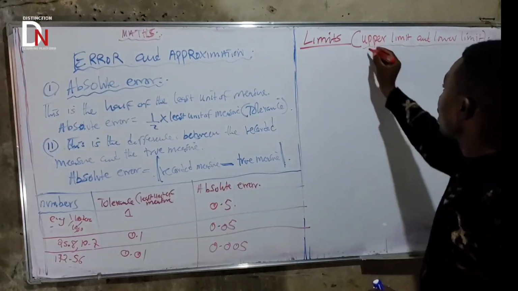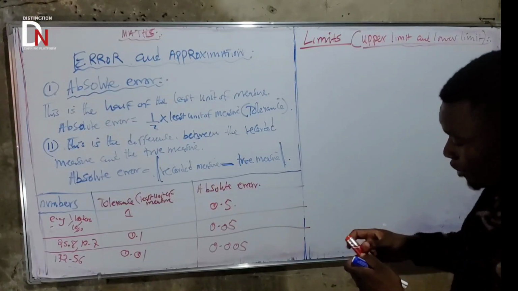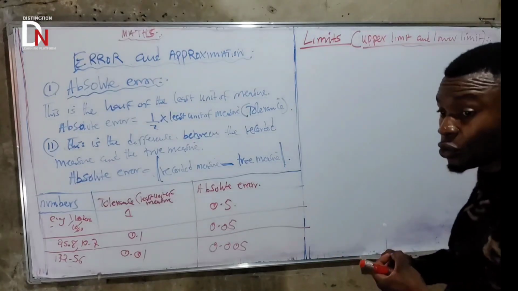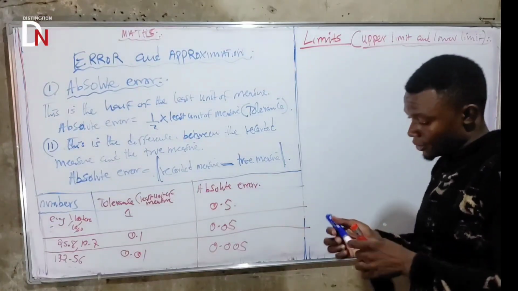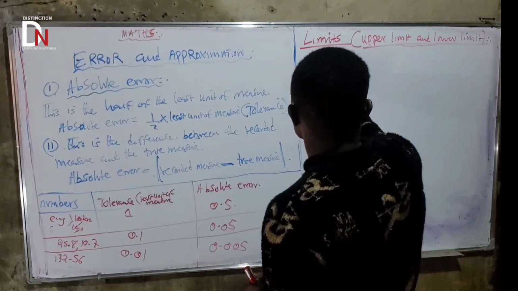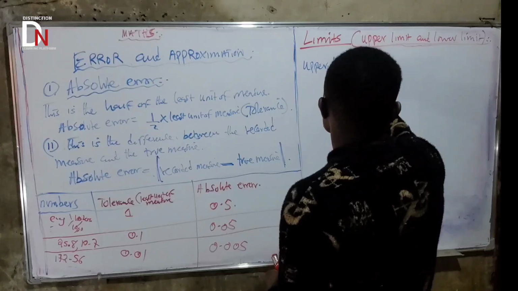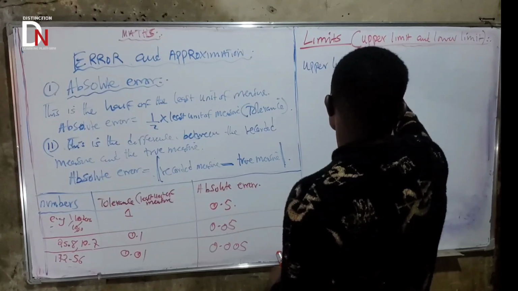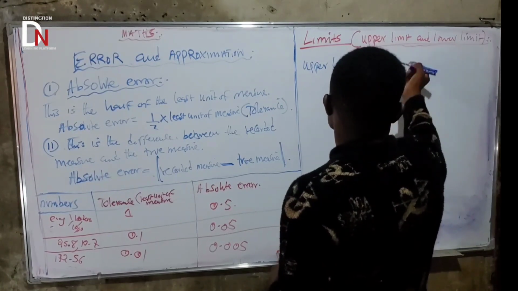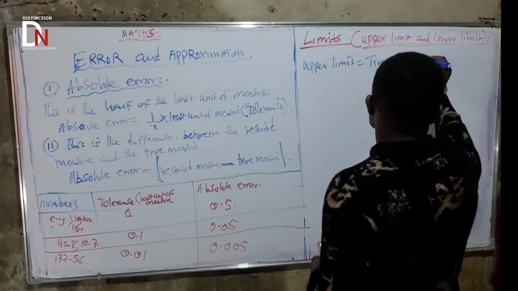Okay? So when you talk about the limits, there's a formula that we use when we want to find limits. What's that formula? For the upper limit, we use the true measure or true value plus the absolute error.